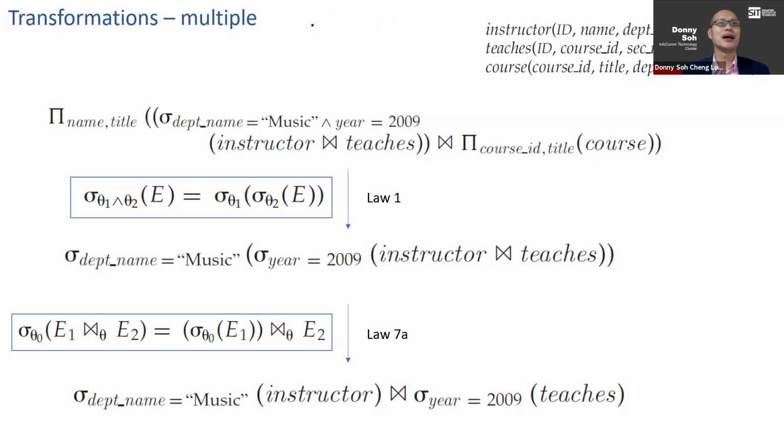So this is pi, and this is a join, and this is sigma, and this is a join of instructor and teach, and this is the pi of course. So this is what we had in the last one. What we have now is the sigma of two conditions, the department name and the year.